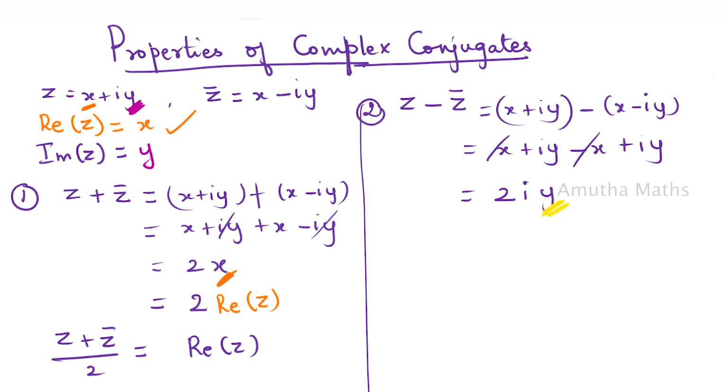Now what is this y? That is equal to 2i into, this y is nothing but imaginary part of z. So z minus z bar by 2i is equal to imaginary part of z. So this is the second property. Okay.